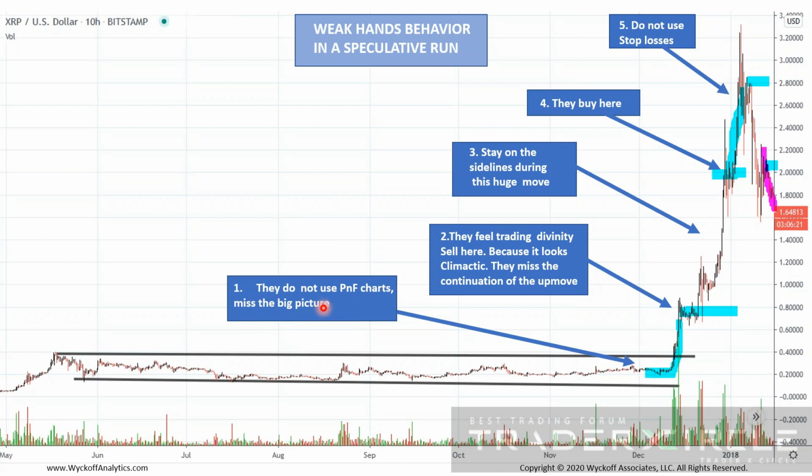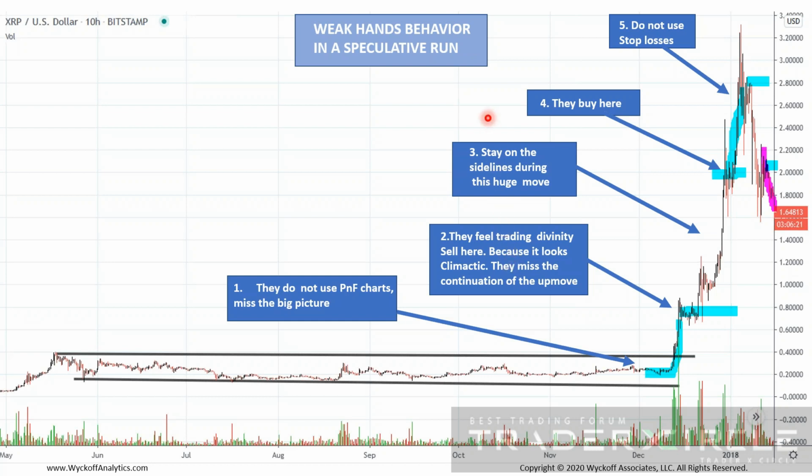In this case, even a basic strategy can give good returns, but we have to identify first the potential of these structures. Point number 2. You look at this structure and you think, this looks climactic. The move is done. While that move is actually a major sign of strength.